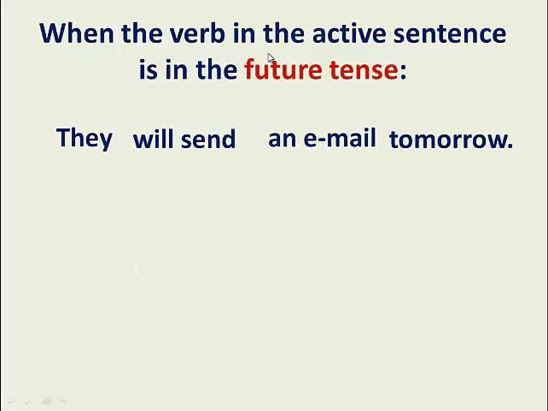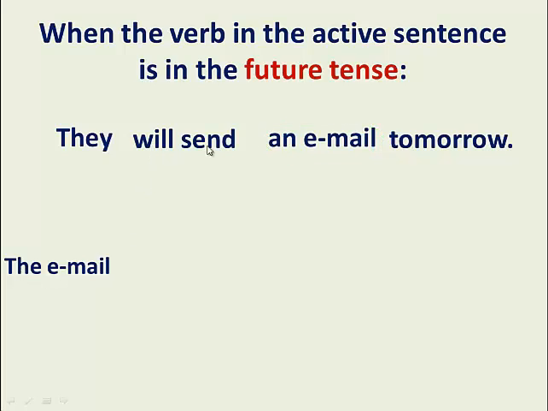Now, when the verb in the active sentence is in the future tense, for example, they will send an email tomorrow, we need the object of the active sentence to become the subject, or the recipient of the action, in the passive sentence: the email.